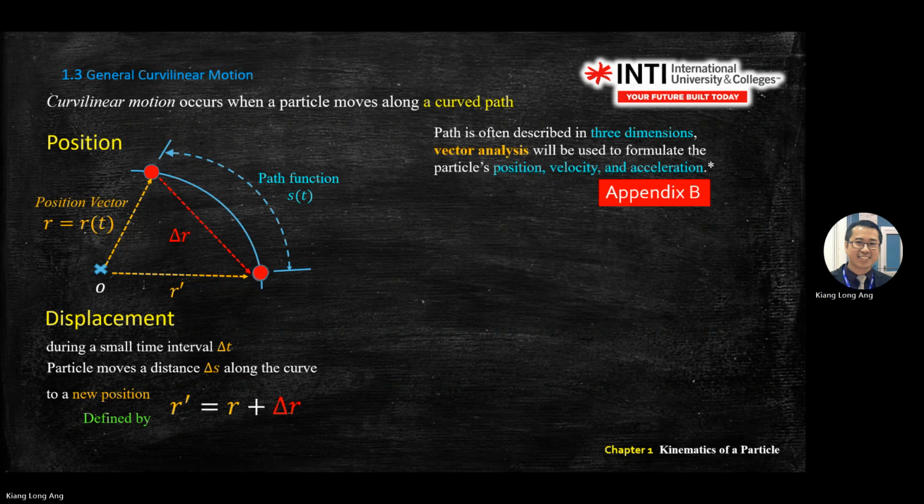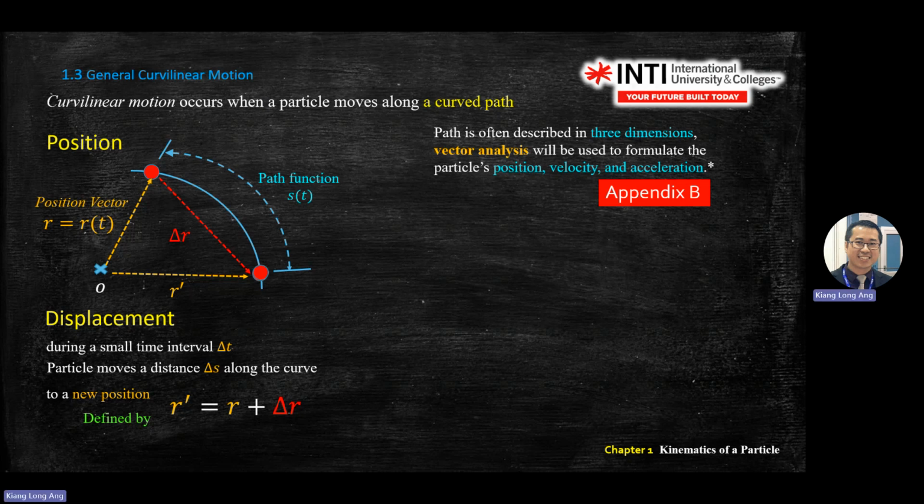Now, when you draw a vector diagram, let's say you take A plus B. I put A here, plus vector B equals what?